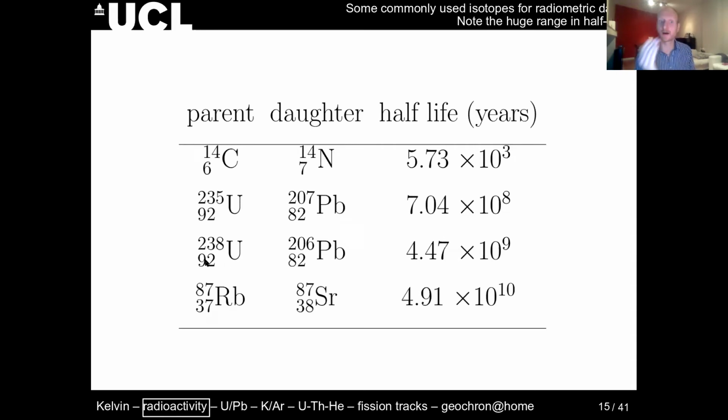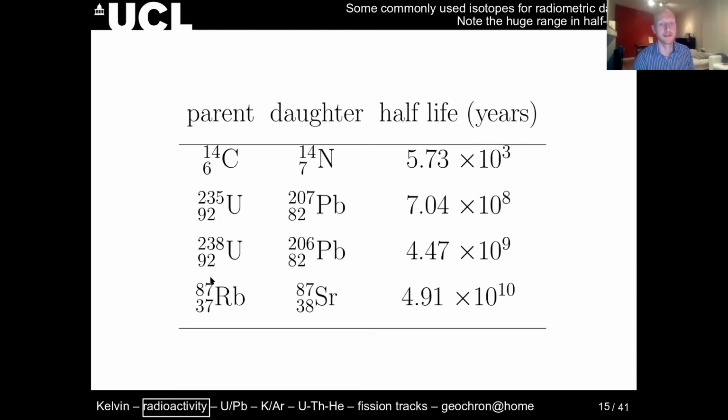Uranium-238 is a second isotope of uranium that decays to a second isotope of lead. So we get 2 clocks for the price of 1, and that is one of the great features of the uranium-lead clock. This is the reason why this clock is the most popular and powerful one in the geochronological toolbox. Uranium-238 decays to lead-206 with a half-life of nearly 4.5 billion years.